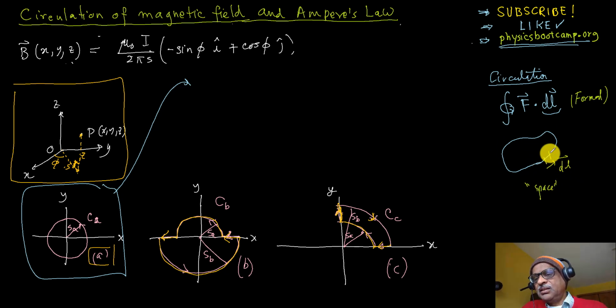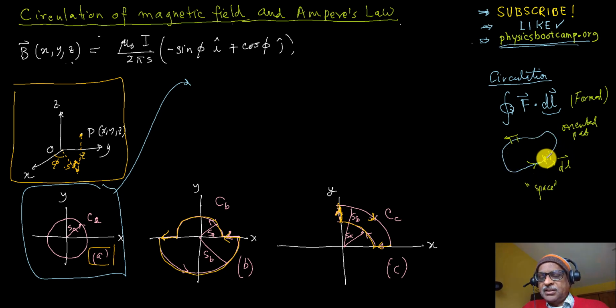So dl is this vector on this path, in the direction of the path. This is an oriented path. If I go in the other direction, I will get a negative answer. If I'm over here, dl is that vector over here. So it's changing as we go around.